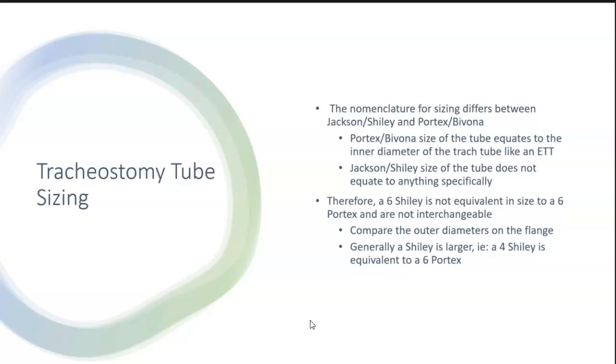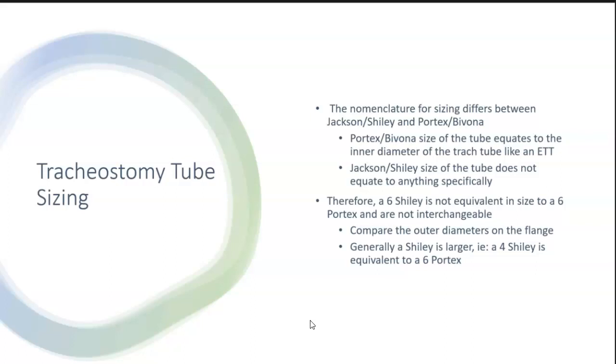But Jackson and Shiley sizes, they kind of make them up a little bit. A size 6 Shiley is not the inner or outer diameter of that trach, which is frustrating. So therefore, a size 6 Shiley is not necessarily going to equal a size 6 Portex.